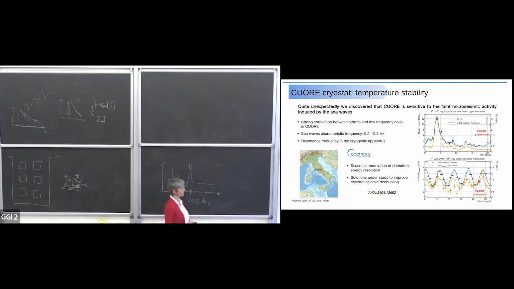And since sea waves have a seasonal variation in their intensity, we see a seasonal variation in our noise and in the resolution of the detectors.